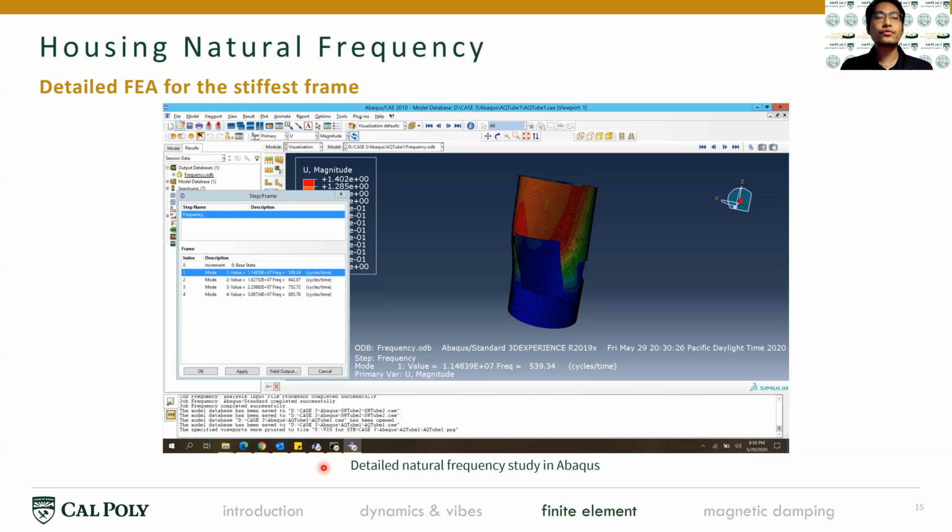The first natural frequency is about 540 hertz, so that's well above 400 hertz. And if we put the cap on top and the bottom, we should expect the natural frequency to be a little bit higher because we'll restrain the mode shape for the first mode. So this design proved to be effective when we want the stiffest frame for our intention.